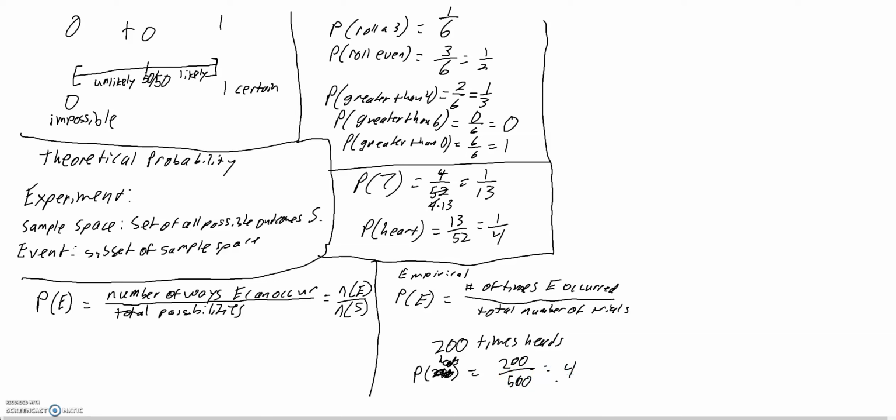Now, we obviously know that it should be 0.5, which is where a principle known as the law of large numbers gets in. What the law of large numbers says is the experimental or the empirical probability approaches the theoretical probability as the number of trials increases.